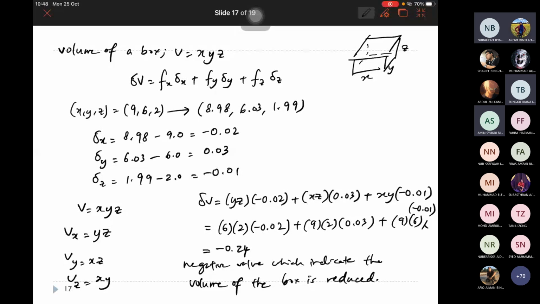So you can try the second question. The second question is related to measurement and height of a cone. This is the application of what we call the total differential, partial derivative, in real life.